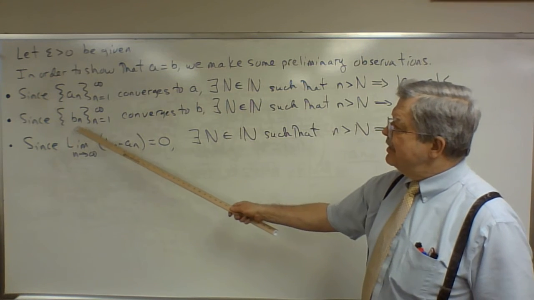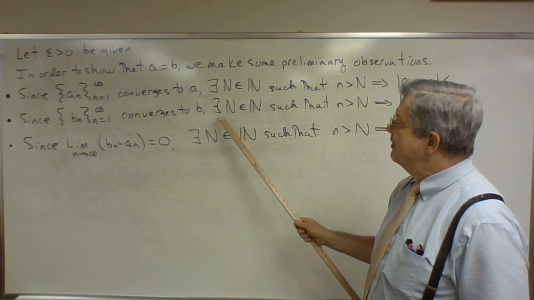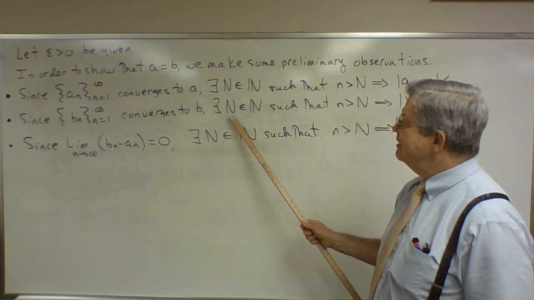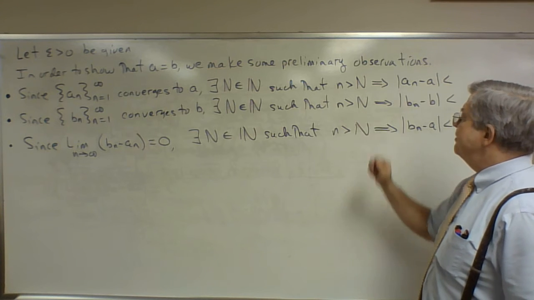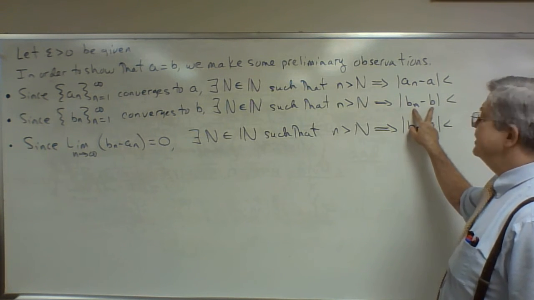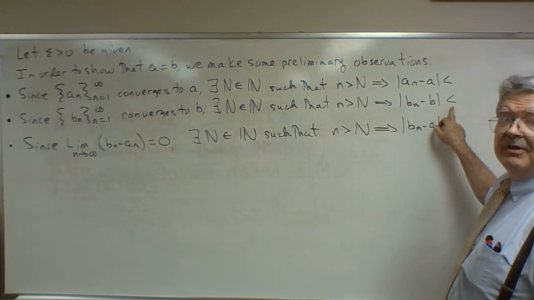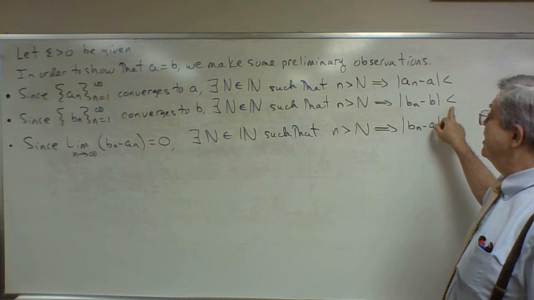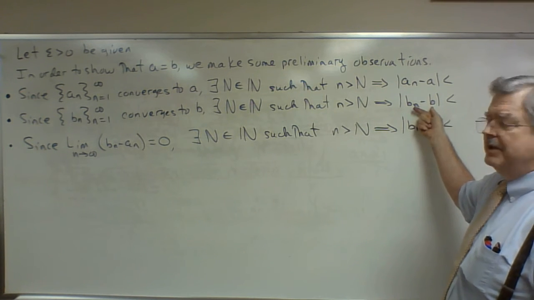Secondly, since the sequence B sub n converges to B, there's some natural number capital N such that little n greater than capital N implies that the difference between B sub n and B is less than whatever, epsilon, epsilon over 2. However close together we want to make these things, we can do that.